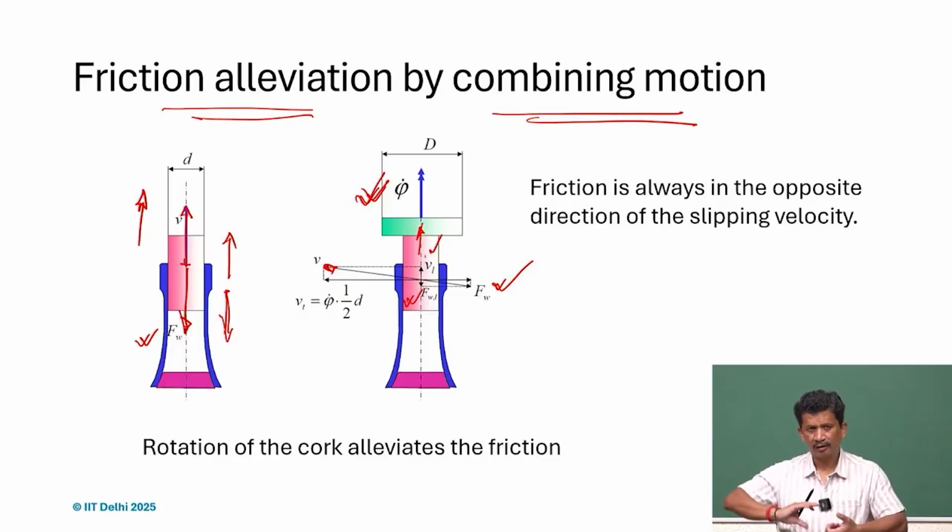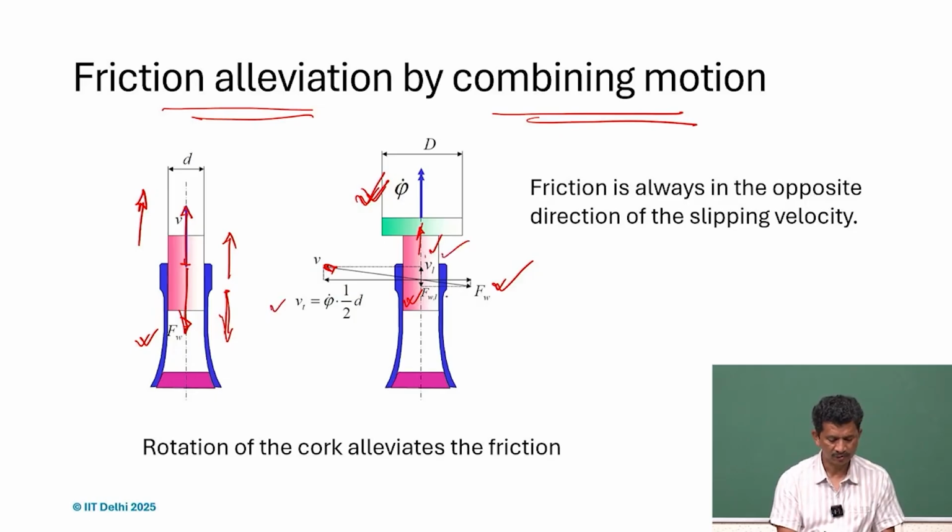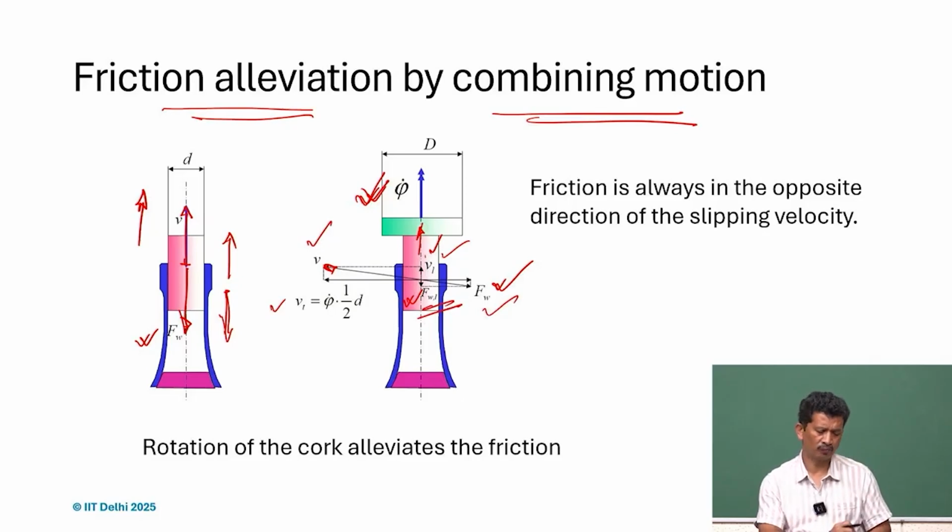As we start twisting, because of the relationship between Vt and Vl, we get the direction of V. So the Fw direction changes, and ultimately the force required to pull the cork or the material out of that stuck bottle or any kind of pipe is only this much.